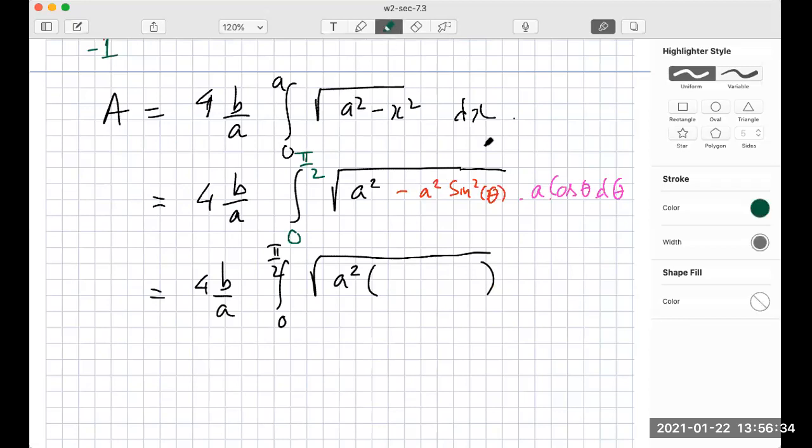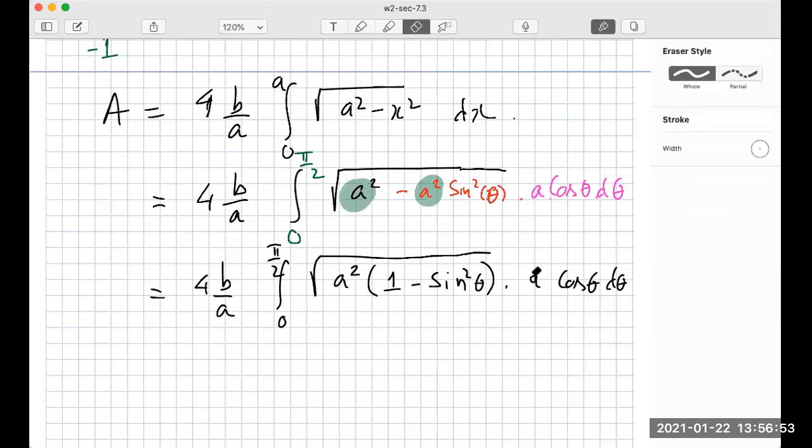Here, a is the common thing, right? So we can factor it out. So what is left inside? 1 minus sine squared. And here we just rewrite a and cosine theta d theta. Okay?